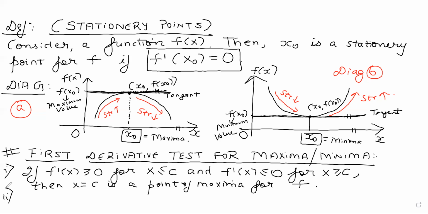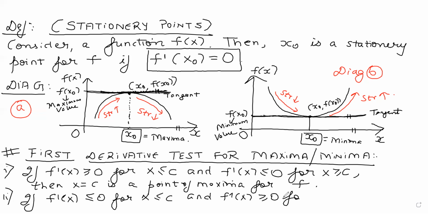And similarly, we have the second point, which says that if the function is decreasing for x to the left of c, and if it is increasing for x to the right of c, then in that particular case, we say that x equal to c is a point of minima.